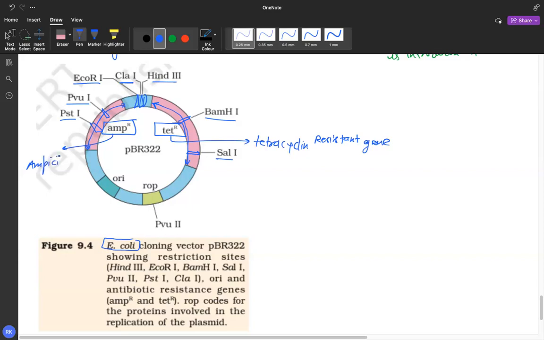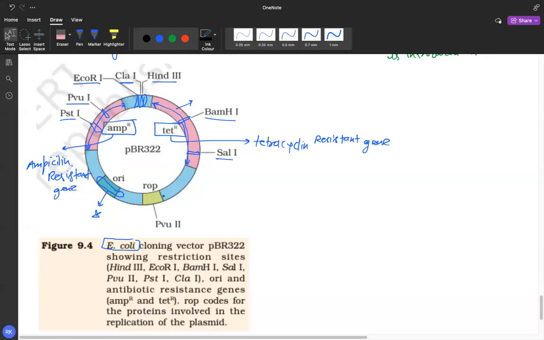So there are many ways to make this vector. How they have done it is they have put two resistant genes already. So they become your selectable markers. This is selectable marker 1 and this is selectable marker 2. They also have put, to make your life easy, the origin of replication, a very important thing. And then this rop is a region which codes for other proteins, replication proteins that are needed, something extra.